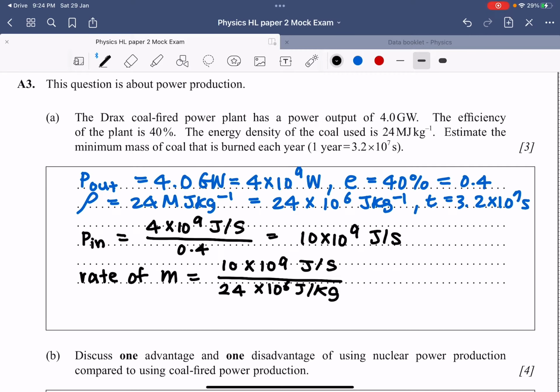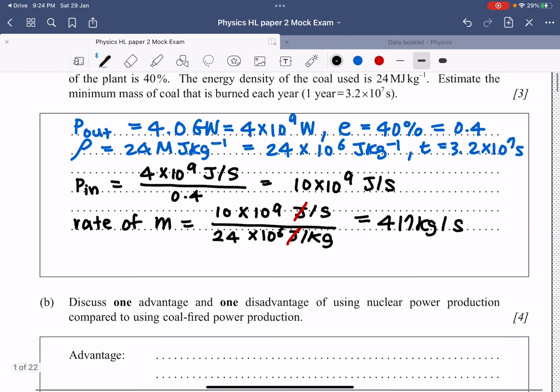Why are we dividing our power by the energy density? Well, it is simply because the joules will cancel out. We need to know the rate of mass, hence kilograms per second. In this way, we get rid of the joules, and if you put it in your calculator, we have 417 kilograms per second. So sometimes you just need to know how to cancel your units. That'll be key in the physics exam.